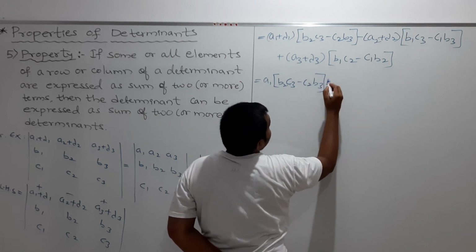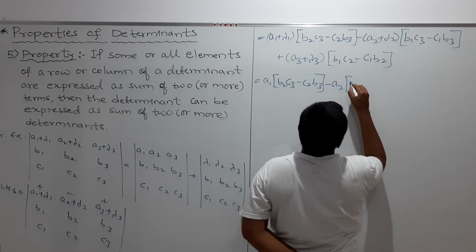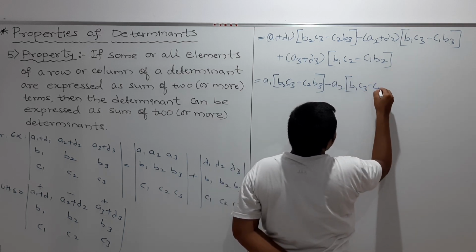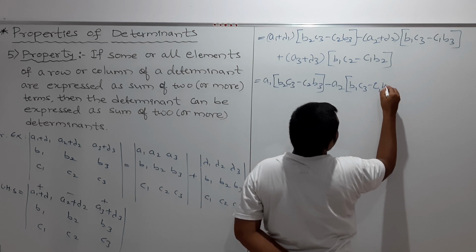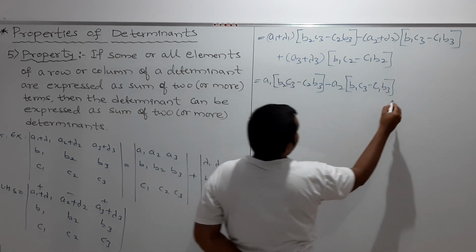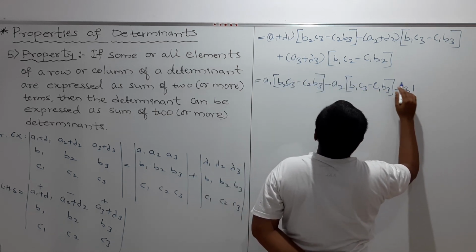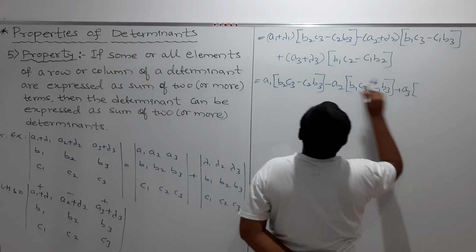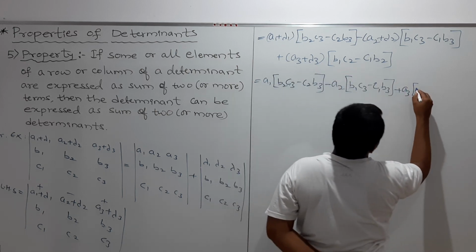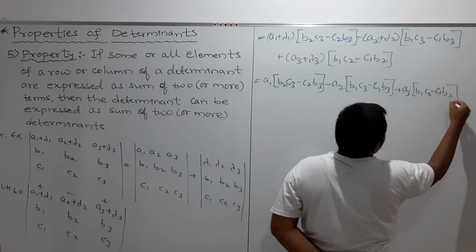Clear? And next minus a2 into b1c3 minus c1b3. Clear? And next, plus a3 into b1c2 minus c1b2.